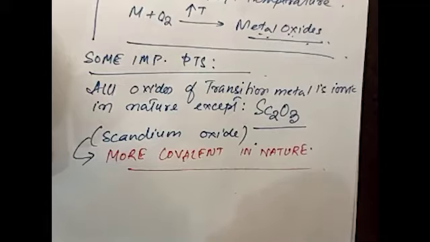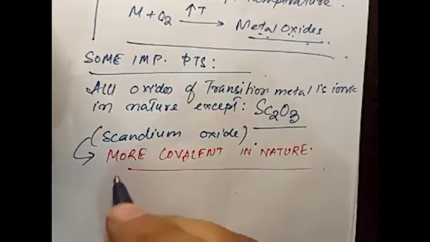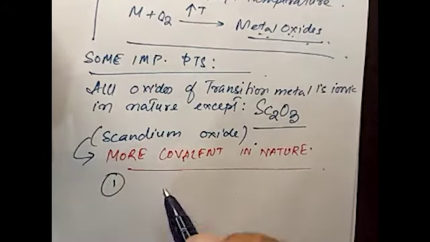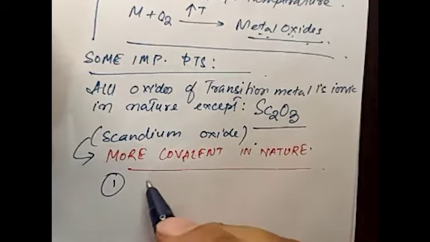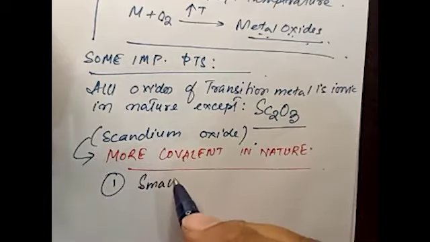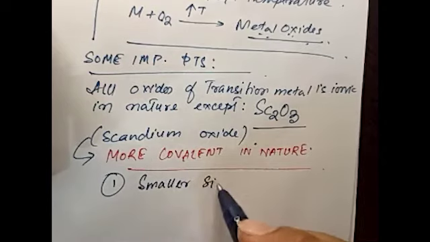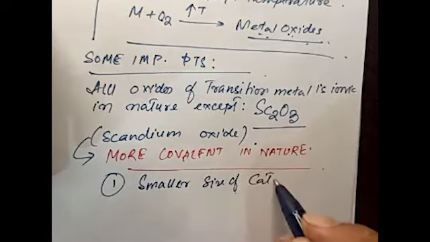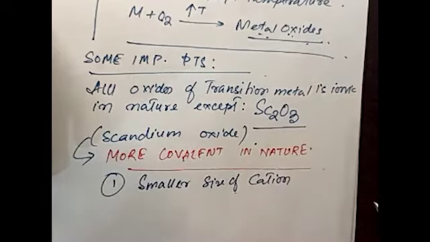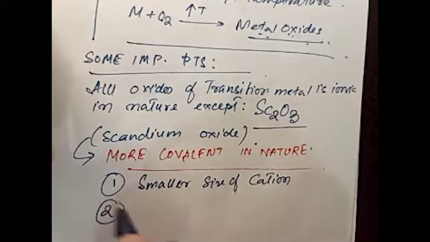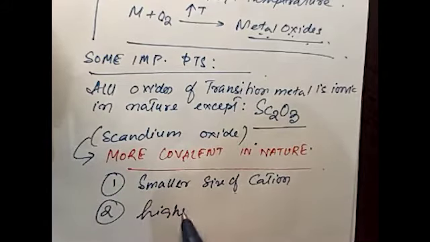So the first reason, you already know, is Fajans' rule. Scandium is a small size cation. Number 1, smaller size of cation. Number 2, high charge on cation.